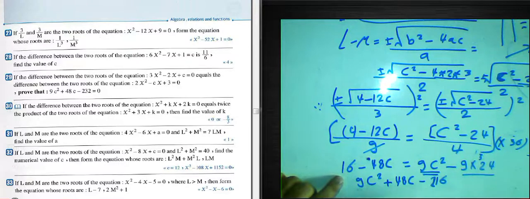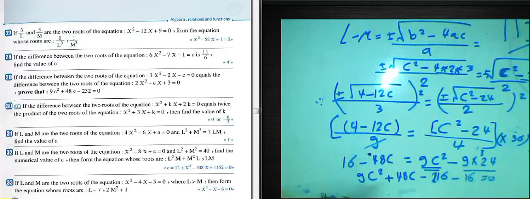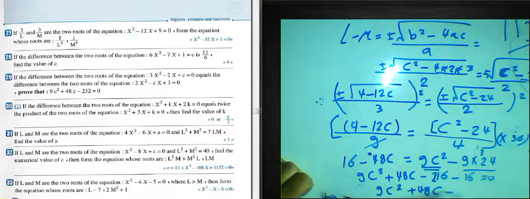We move it to the left-hand side, negative 216 equals 0. So 9c squared plus 48c, negative 216 plus 6... equals 0.